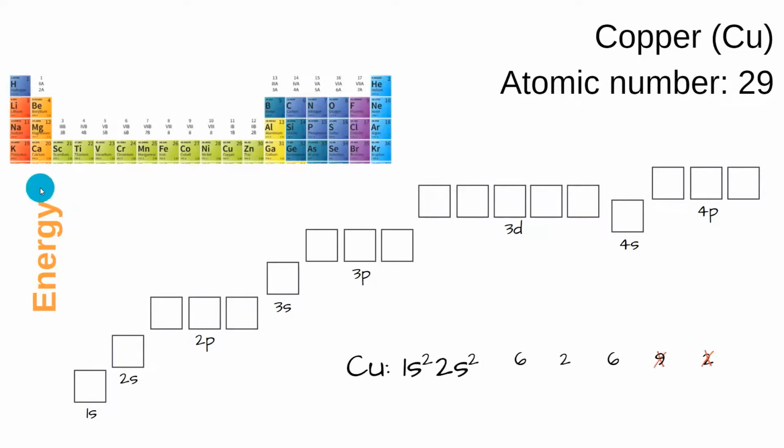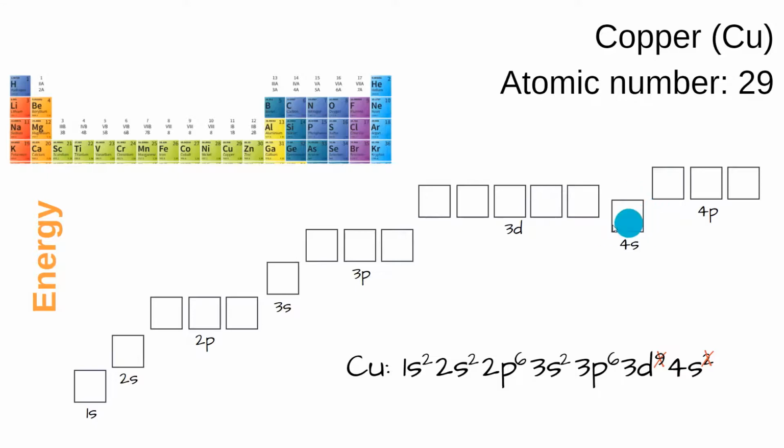Instead, what it does is it has 10 electrons in the 3d sublevel, because one of the electrons from the 4s sublevel actually jumps into the 3d sublevel. So it jumps into that last orbital.